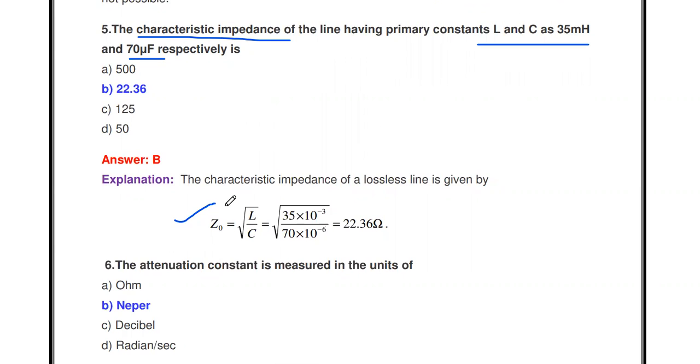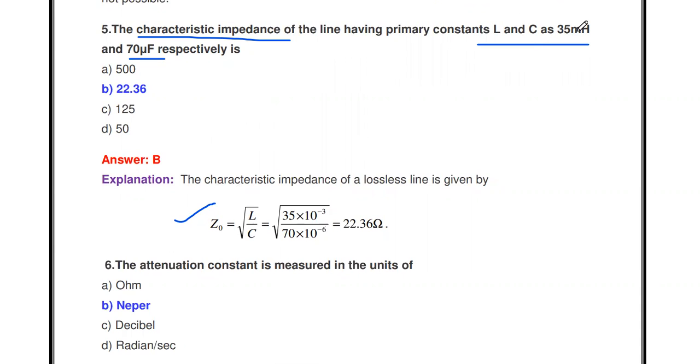You know the formula for characteristic impedance in terms of the primary constants L and C. We derived it in the previous video. Z0 is equal to square root of L divided by C.